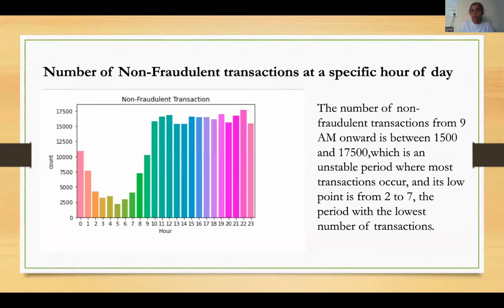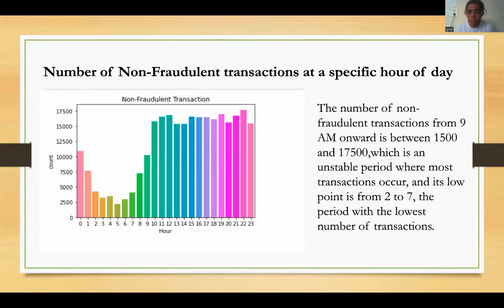The number of non-fraud transactions at a specific hour of a day. In our given graph we can see that at 5 o'clock there is a very small number of transactions, and at 22 there is a very large number of transactions.